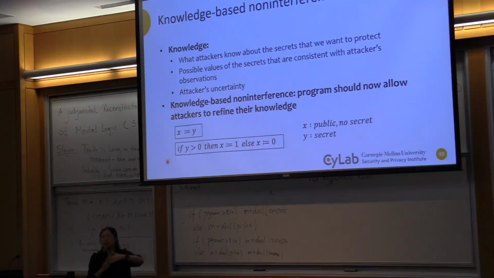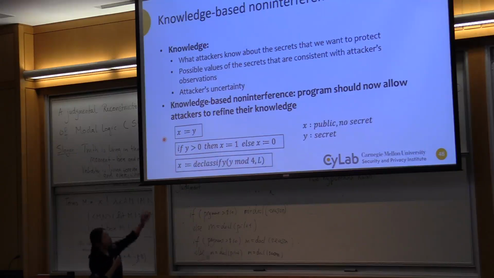The possible set becomes either greater than 0 or less than or equal to 0. That's a refinement of knowledge. These programs would typically be declared not secure because there's no declassification in them. The knowledge is getting refined, so that's bad.